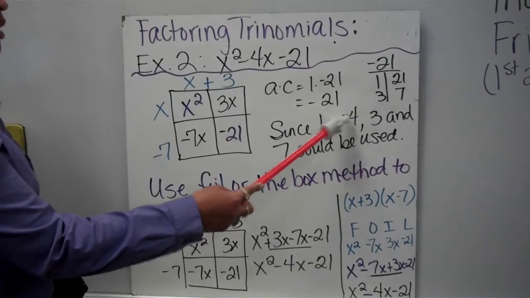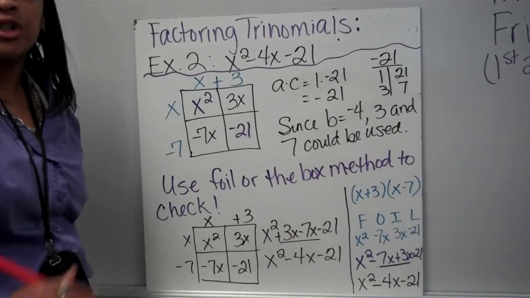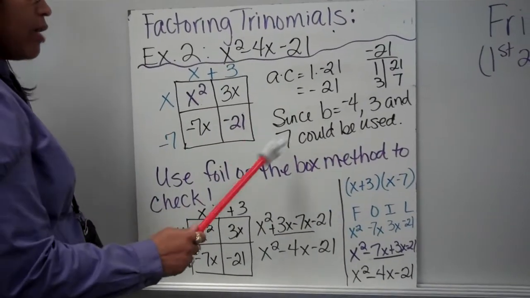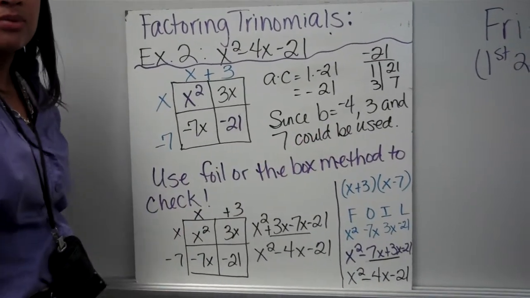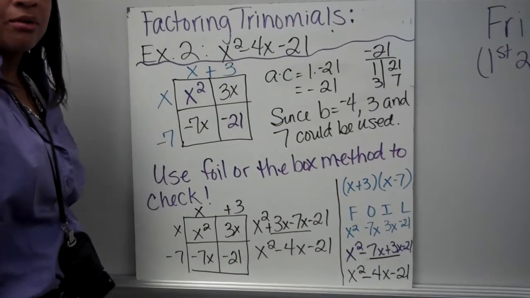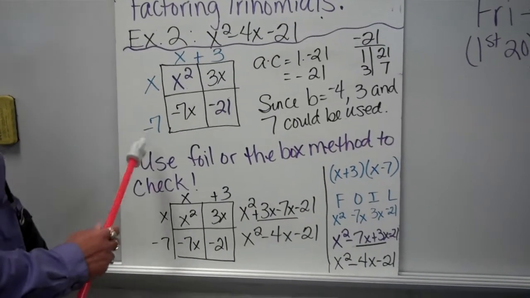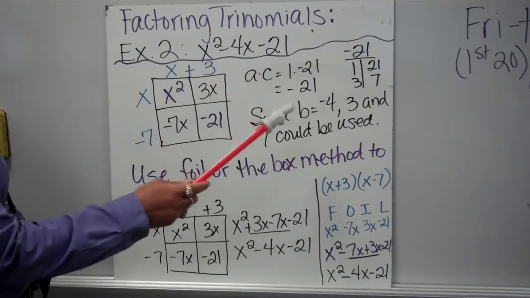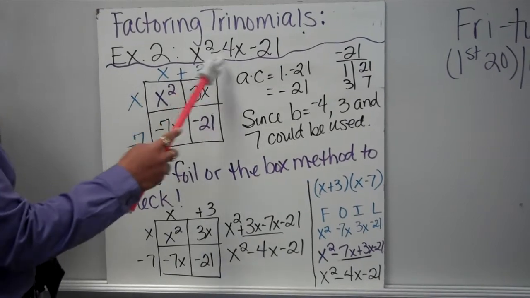Since b is equal to negative 4, 3 and 7 should be used because I know I can get a negative 4 by adding these two numbers. This is where you have to remember to use the correct sign, the correct integer. So I chose the 3 and the 7, and I know that one of them has to be negative in order for me to get a negative 4.